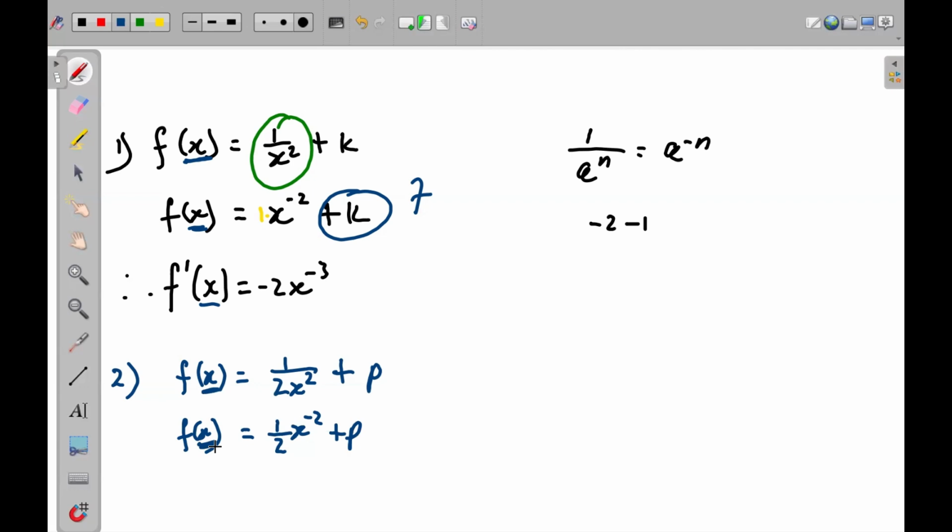Now, watch what happens when I find the derivative here. F prime of x is, now look at this, a negative 2 times a half. If you don't see it, maybe you want to write it down or use your calculator.